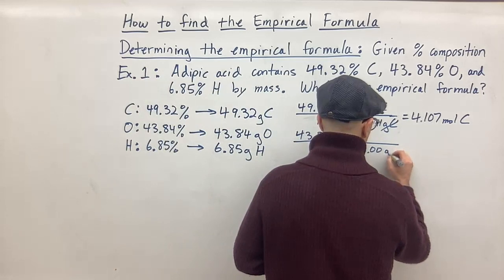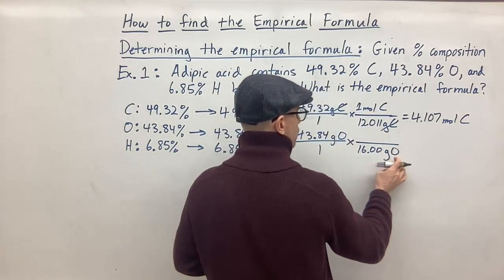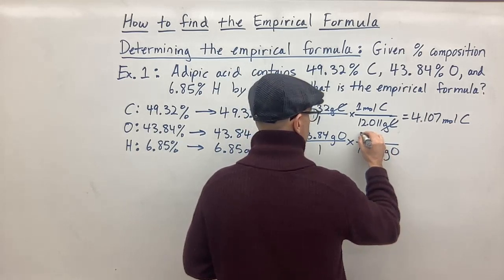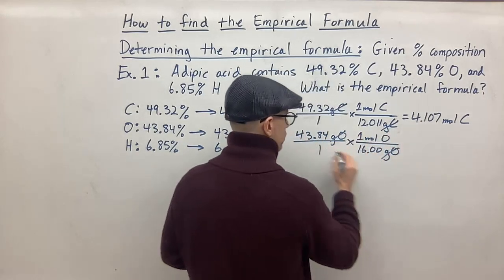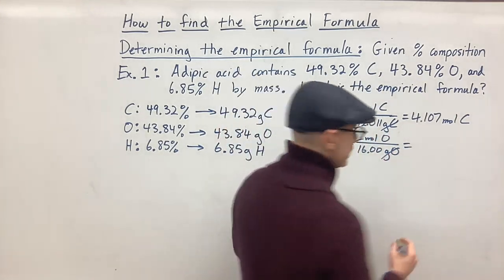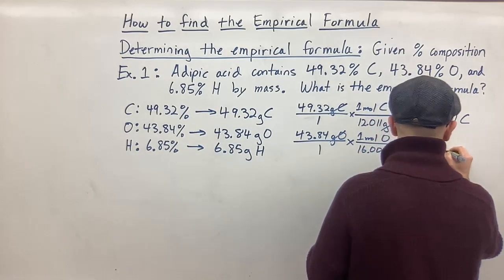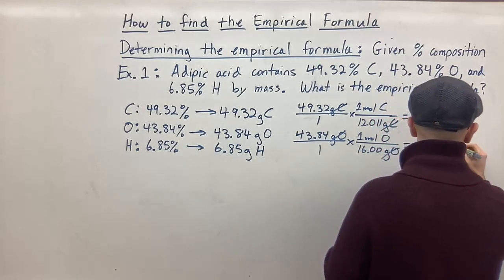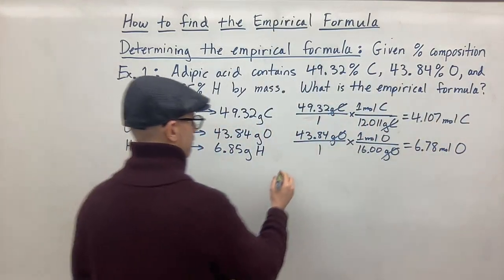So I'm going to just round. So 16.00 grams of oxygen per 1 mole of oxygen. So grams cancel out. And then I end up with 6.78 moles of oxygen.